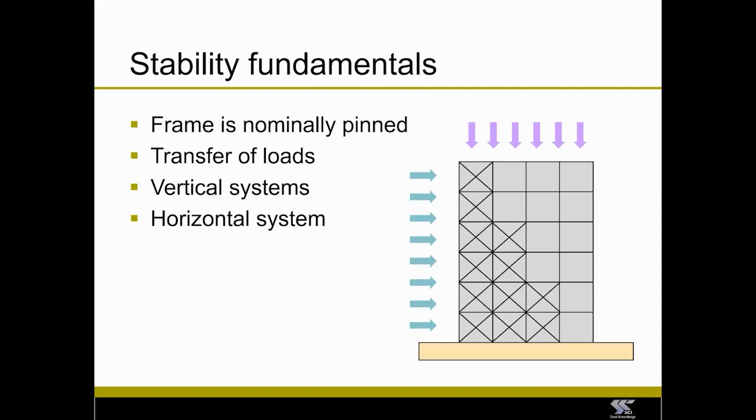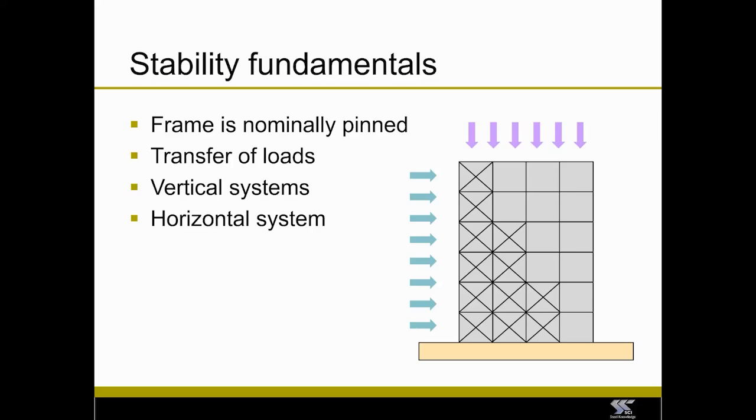We're now going to move on to talk about some of the fundamentals of stability and stability systems and what they're required to do. So some of this will be very familiar to a lot of you, I'm sure, but it's worth going through just to explain the background for some of the stuff that's coming later.